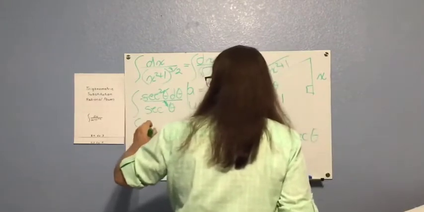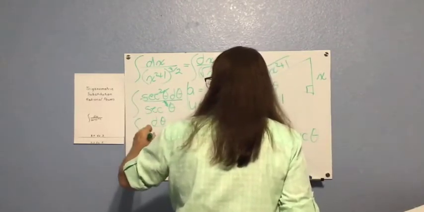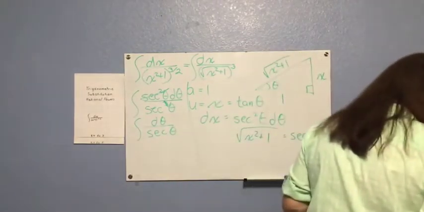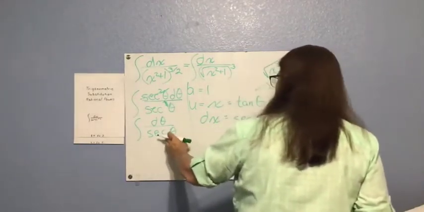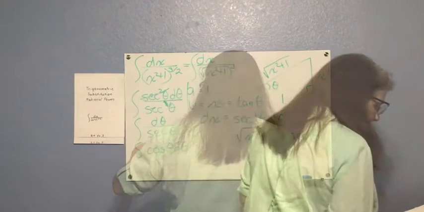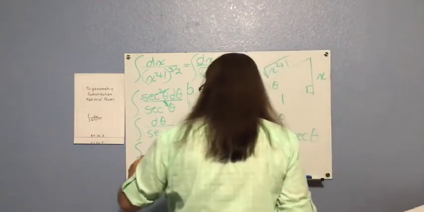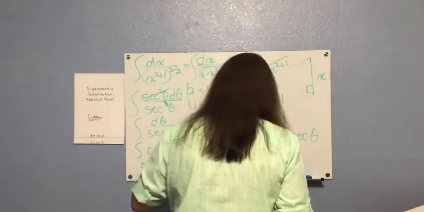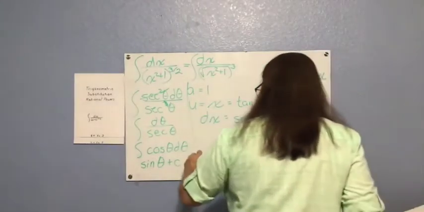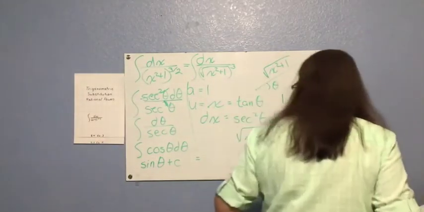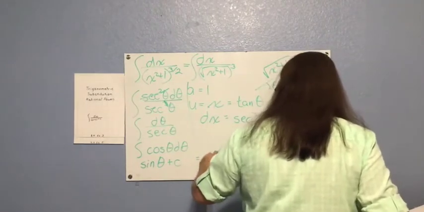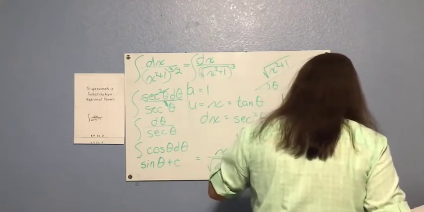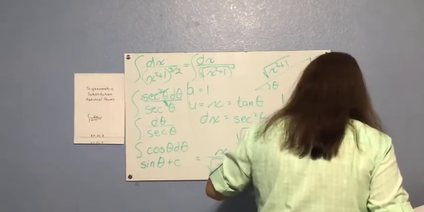So I'm left with d theta over secant theta. I'm going to change that secant, bring it up to the top and make it a cosine. Okay, and then the integral of cosine is sine, so I'm going to have sine theta plus a constant. Then when I back substitute, I get x over the square root of x squared plus 1 plus c.